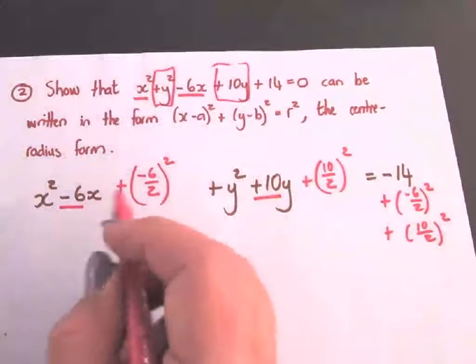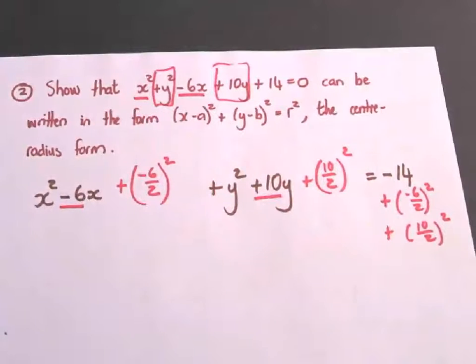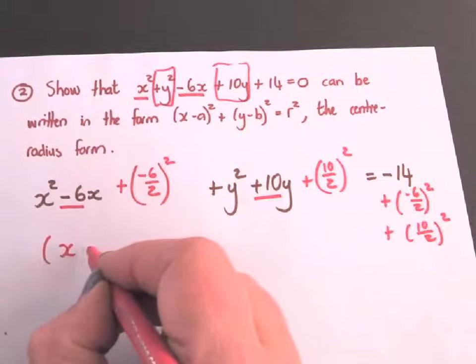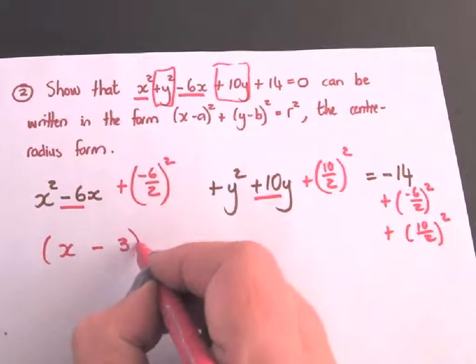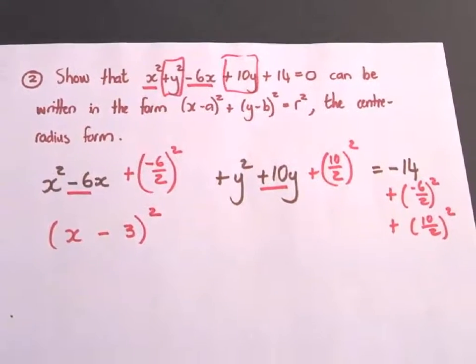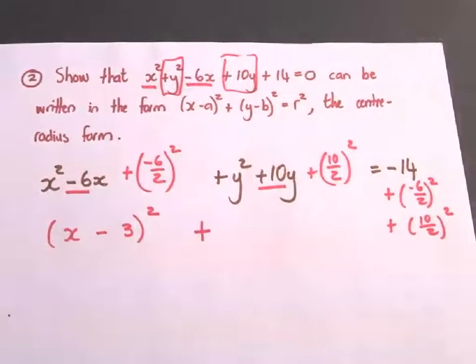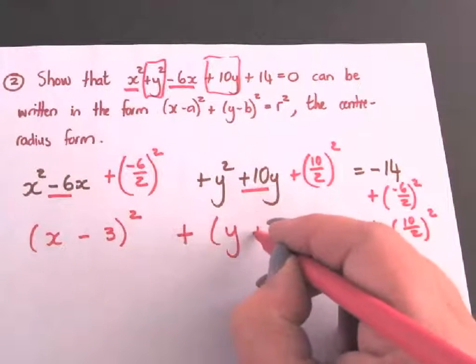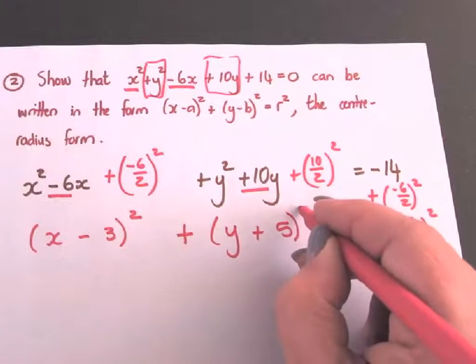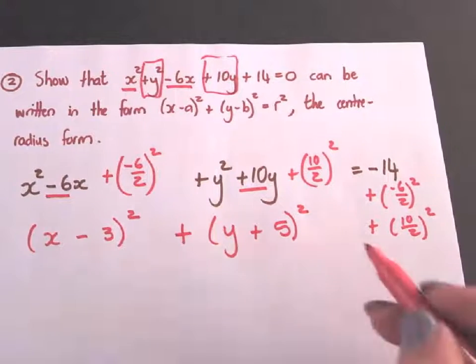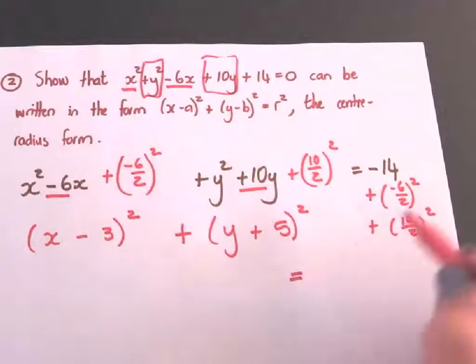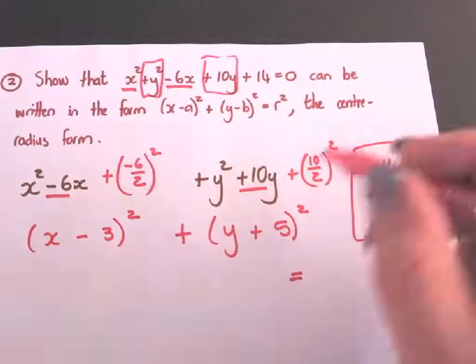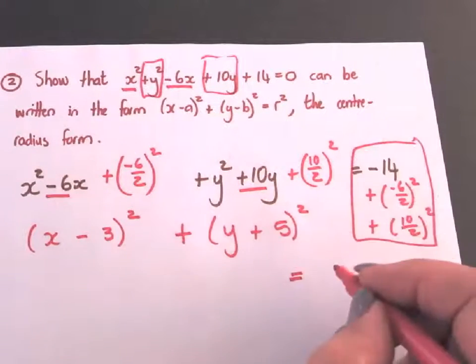So if I factorize this, you will get (x minus 3) squared plus, if you factorize that, you will get (y plus 5) squared equals, and if you add that, you'll get 20.